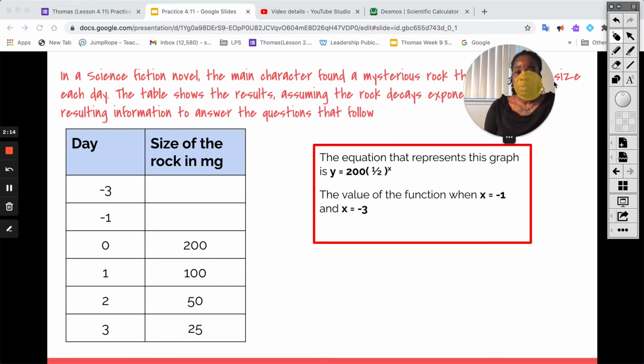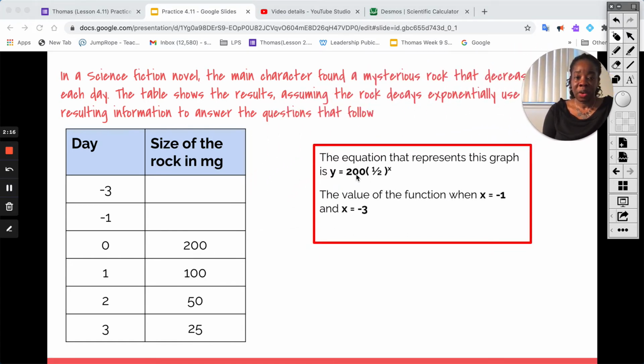As I said, we know that the equation that represents the current situation is y is equal to 200 times 1/2 to the x. We're finding the value when x is equal to -1 and x is equal to -3.